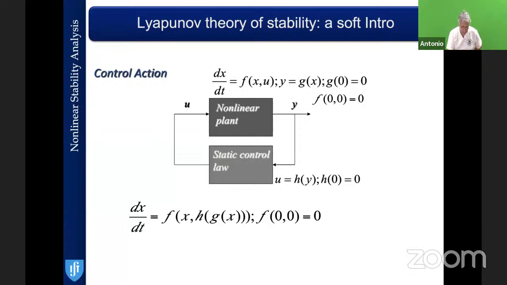And the equilibrium point of this system is 0. So you are back to the original thing, an equation with no inputs, because they were eaten in the process. Because when you close the loop, the inputs are a function of the output. And now you are back to the setting of a nice nonlinear differential equation, and 0 is the equilibrium point, okay? So that's how it appears.